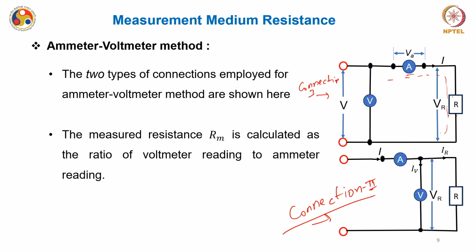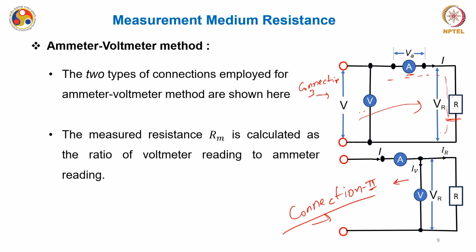Also, the voltage drop in this case is the voltage dropped across the resistor R and across the ammeter. In connection 2, I have moved the voltmeter beyond the ammeter, and now the ammeter has come to this side.